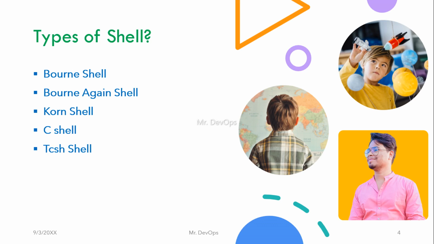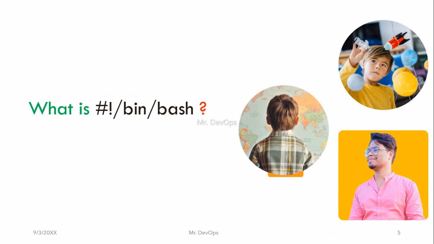How you will check which shell is installed on your local system, that also I will show you. Many of you will be wondering why a shell script starts with this keyword, #!/bin/bash. You can find this in any shell script, right?